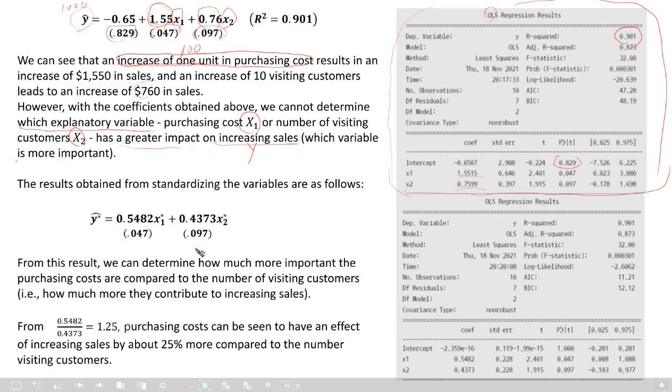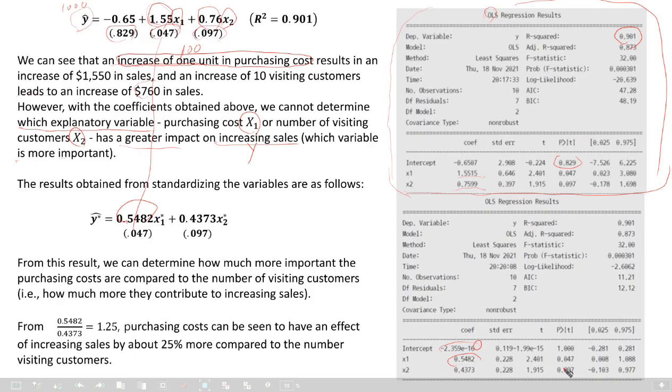From the second table, the intercept is minus 2.359 times 10 to the minus 16, which is all 0, so you don't need to worry about it. Beta 0 star hat is always 0. For standardized x1, it is 0.4982. The p-value is just the same; the property of x1 does not change.